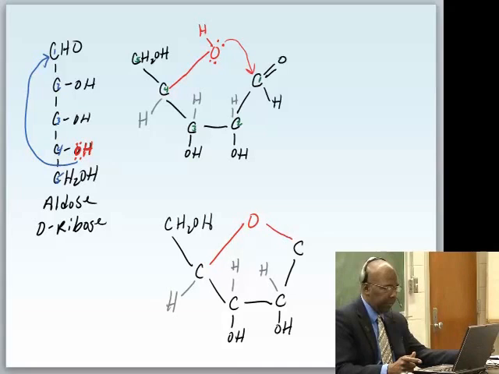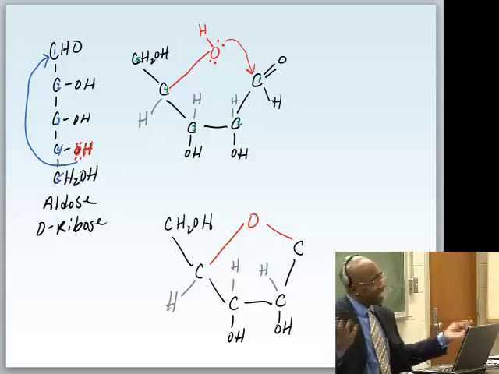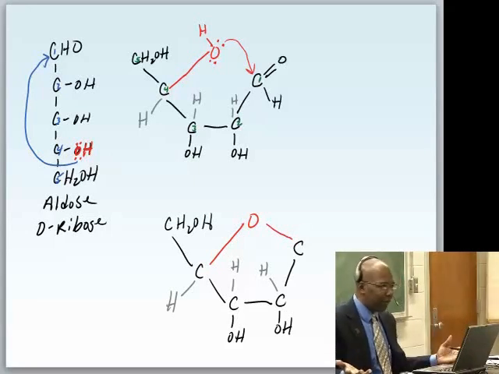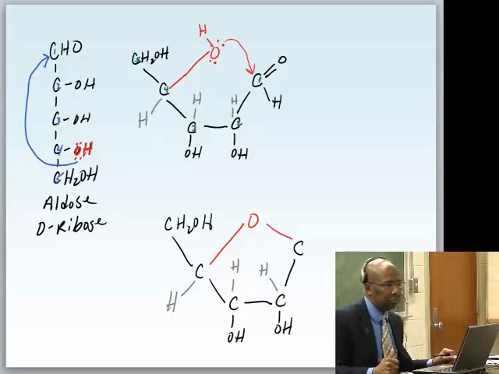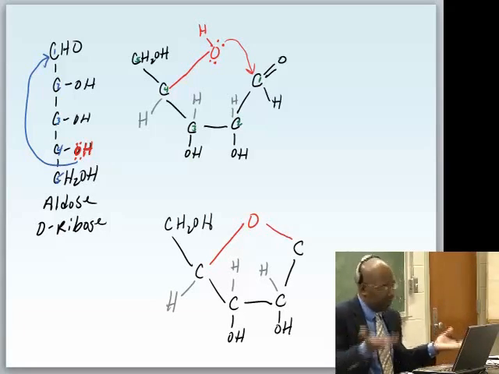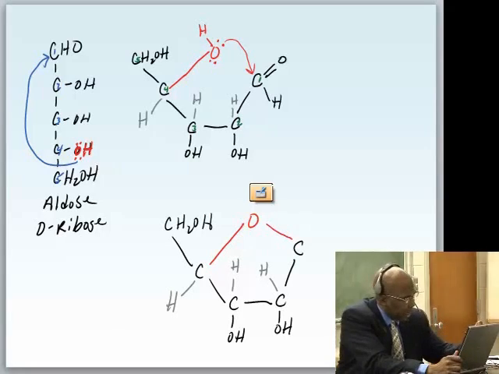Now on carbon number 1, for ribose, does the OH go up or does it go down? Exactly, it depends on if it's alpha or beta. So which one do you want to make, alpha or beta? Beta. So beta, is it going to go up or down?